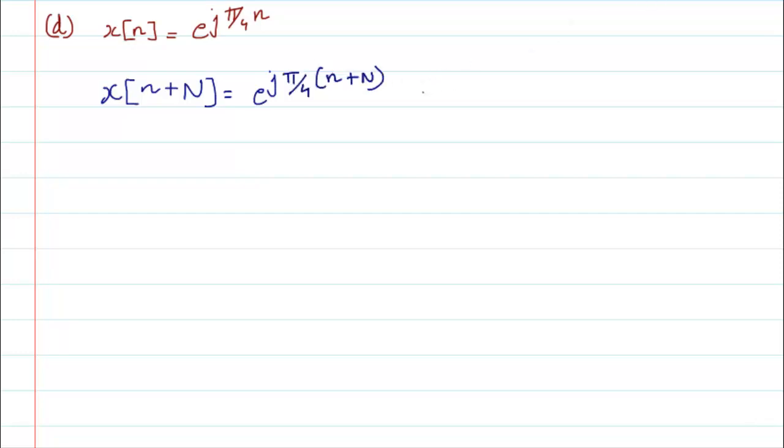Let me write that neatly, from which I can split it apart and I can write e raised to power j pi by 4 n into e raised to power j pi by 4 capital N.